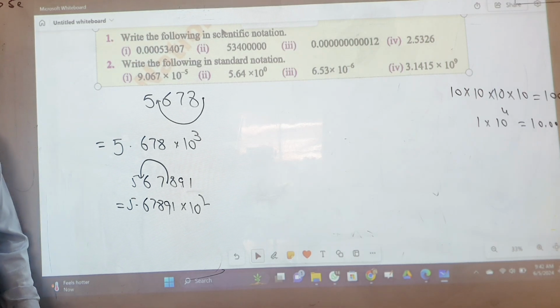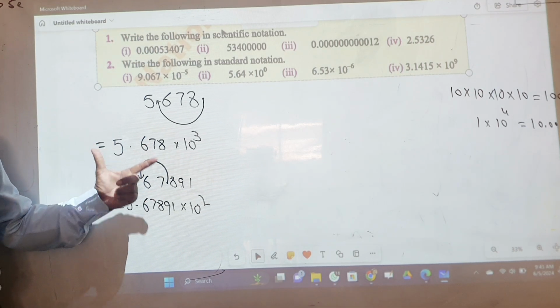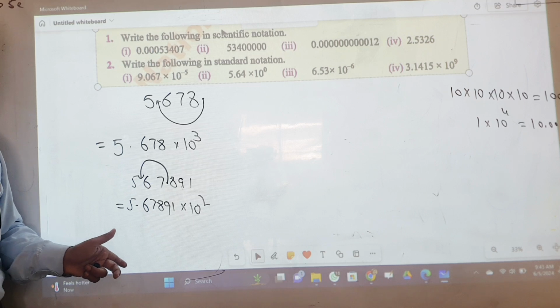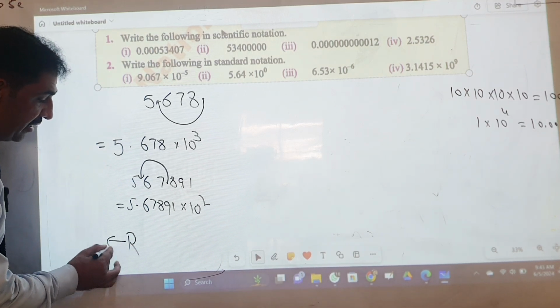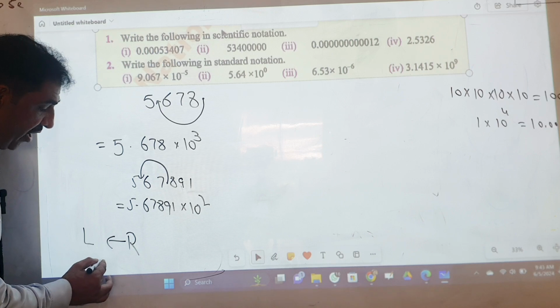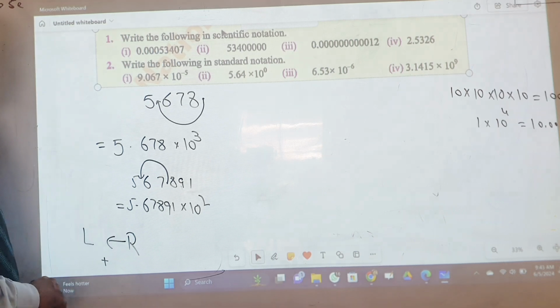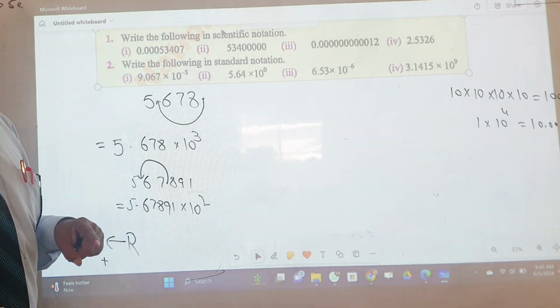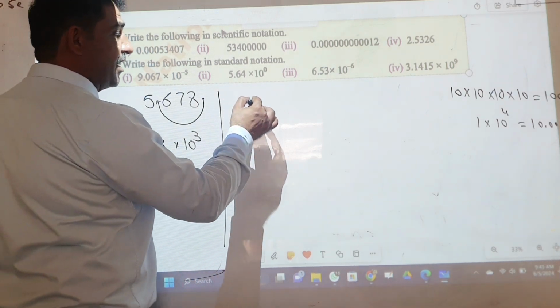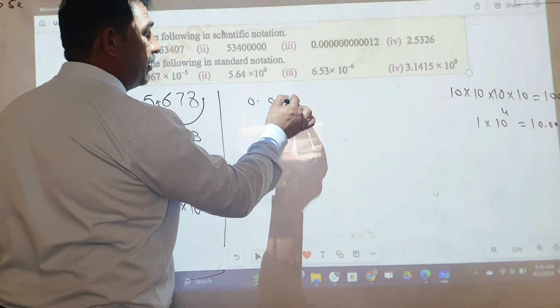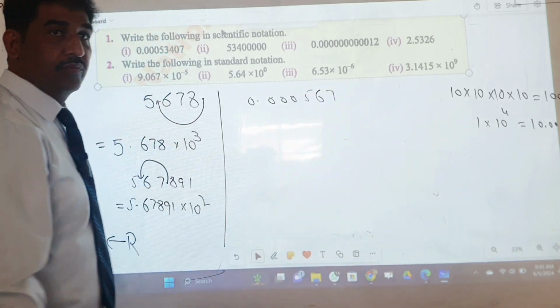Do you understand? If the decimal point moves from right to left, the power is always positive. But when it moves left to right, it is negative. For example, there is 0.000567.